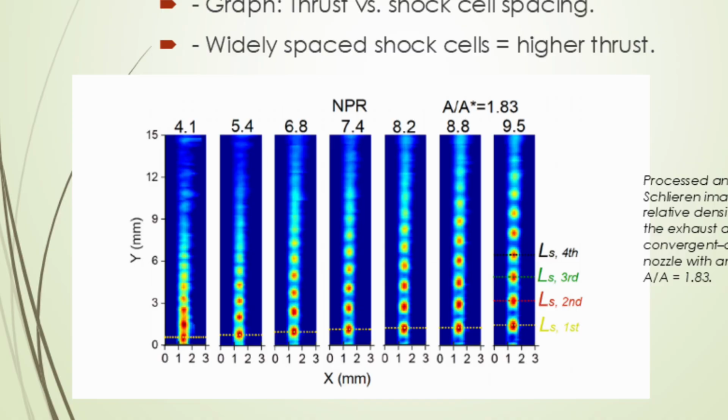Shock cells are visibly numbered from bottom to top along the plume. Each shock cell appears as a periodic alternating band of compression and expansion. The color bar on the right quantifies density gradient magnitude. This figure is important because it visually links shock cell spacing to nozzle operating conditions, and this data was correlated with the measured thrust.